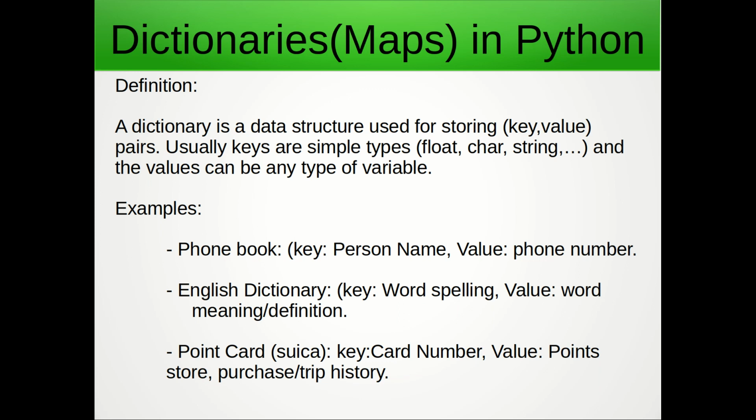An English dictionary is, of course, a dictionary. In this case, the keys are the words, the spelling of each particular word, and the values are the definitions. Okay? Other examples of dictionaries that we use very frequently are cards. For example, point cards for public transportation. In Japan, one very popular one is called Suica.